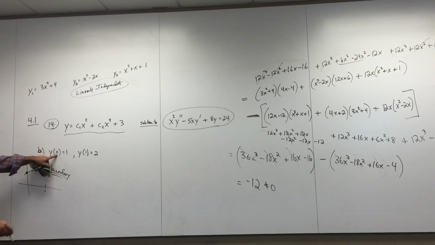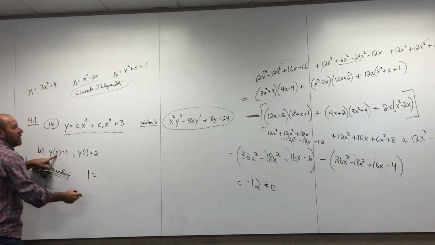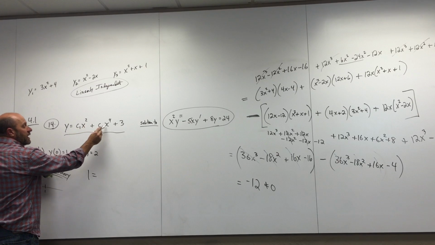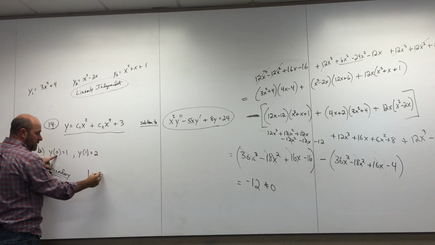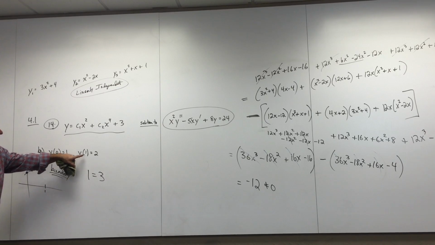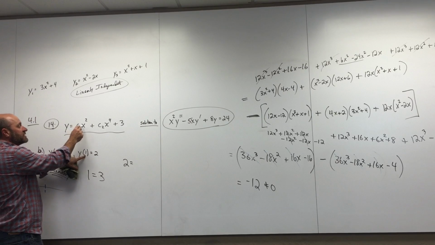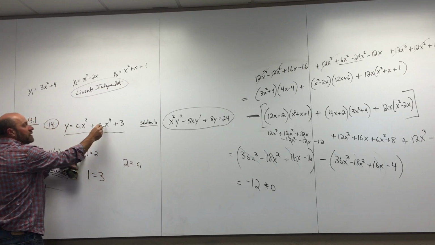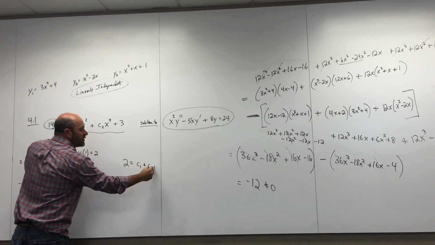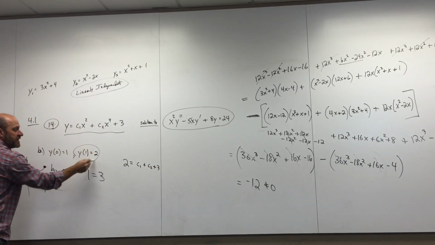If you plug in a 0 for x, your y should equal 1. Okay, here I go. Plugging in a 0 for x, I get that. Well, that sure looks suspicious. Let me try this. If I plug in a 1 for x, I get a 2. Okay, so it's C1 plus C2 plus 3, and it equals 2, right? That's what that says.